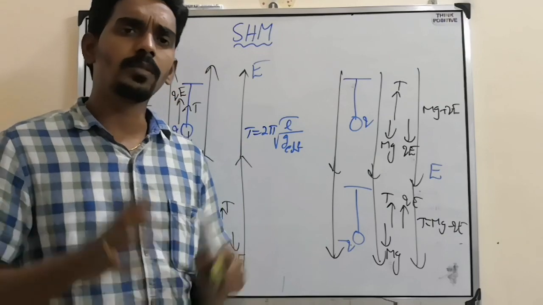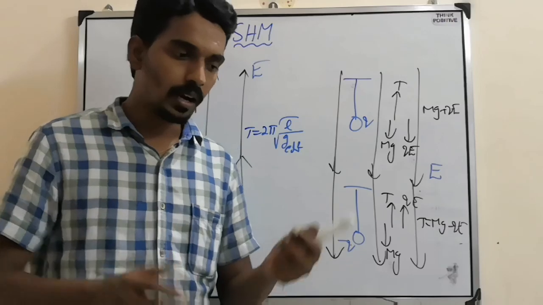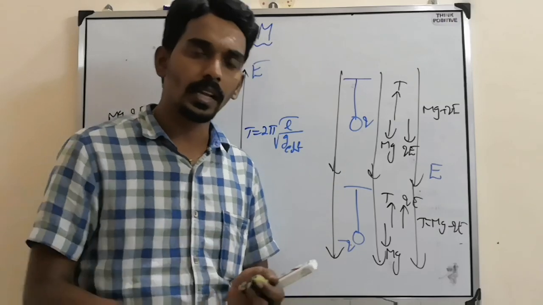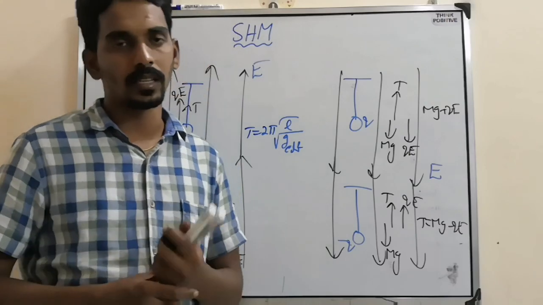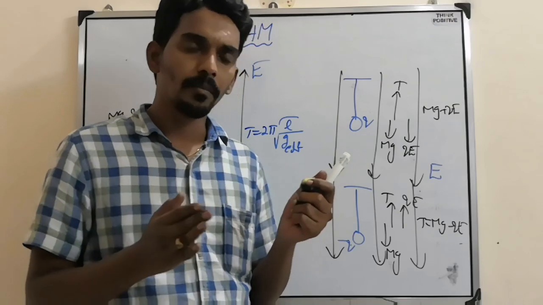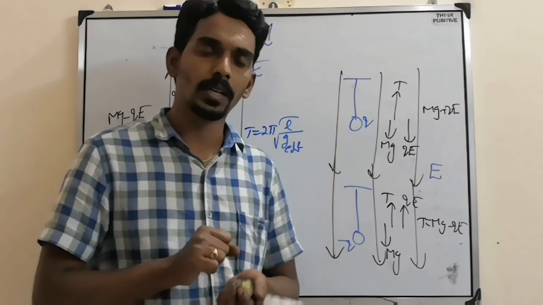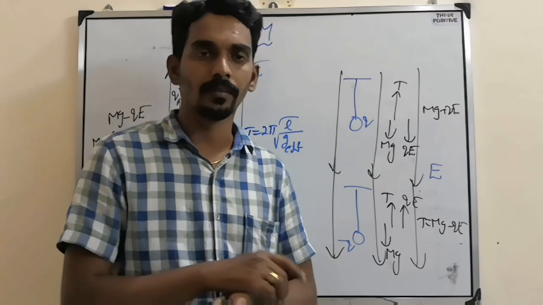Most of the time they will give the question based on whatever formulas we have seen. If by chance they have given any unknown question, then you have to use the force law in SHM, where you displace the particle from its mean position by a small displacement. Then you need to find the restoring force on the particle.